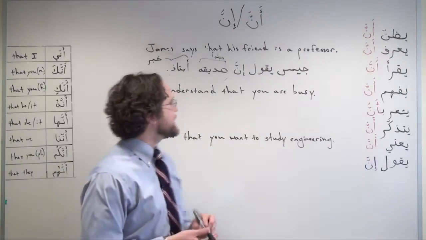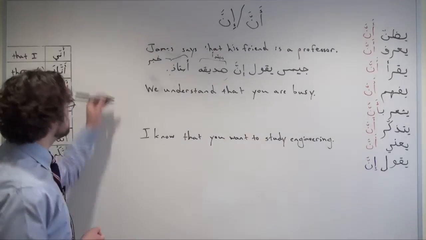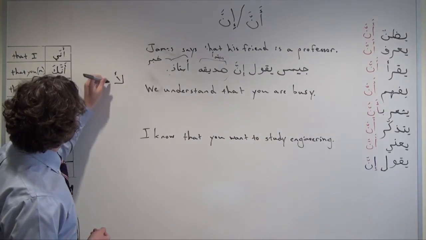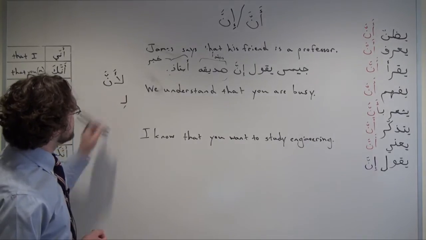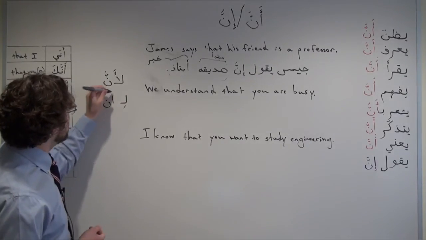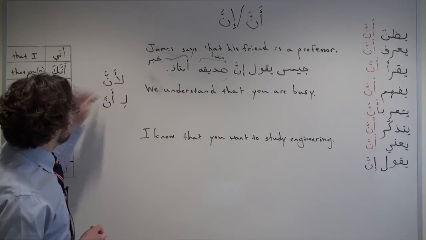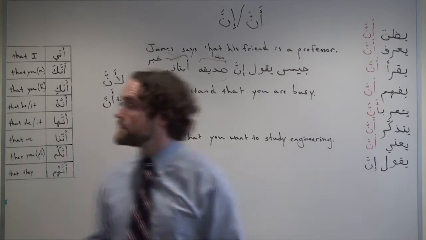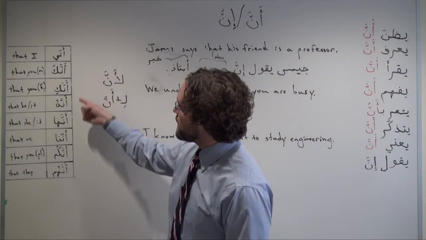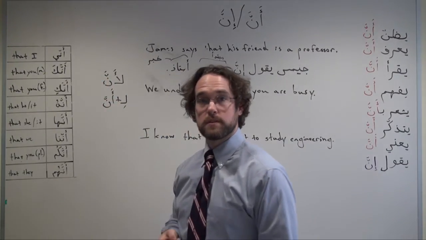And as a matter of fact, li'anna, that word meaning because, is a combination of the conjunction li and the word anna. So we attach those suffixes in exactly the same way, and over here we have a little chart of those suffixes that we would use.